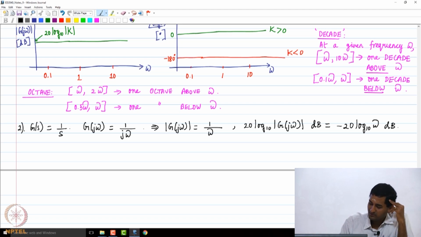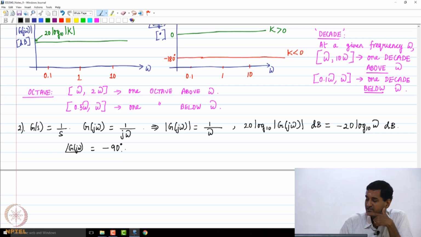What about the phase? Phase is once again going to be the algebraic sum of the numerator and the denominator factors. Numerator is 1, the phase is 0 degrees, denominator is j omega, the phase is going to be 90 degrees. So, the phase of 1 by j omega is going to be minus 90 degrees, right. Do you agree?